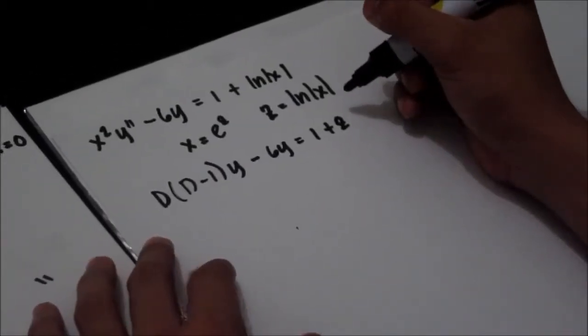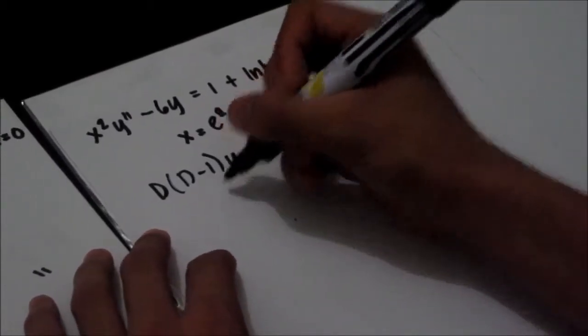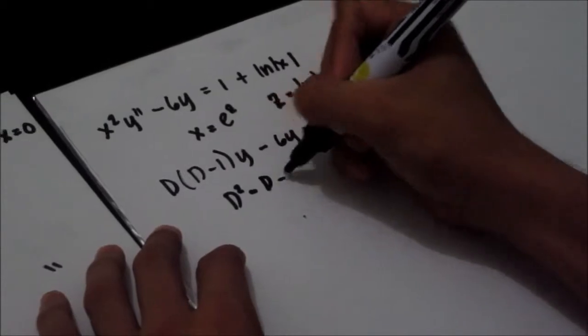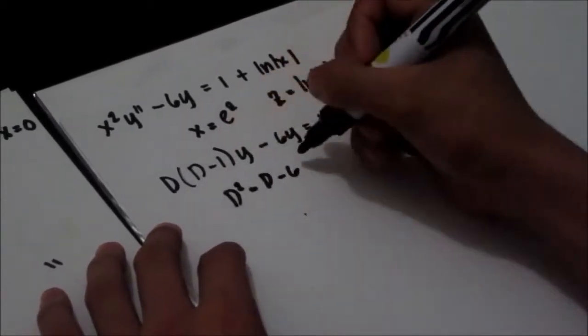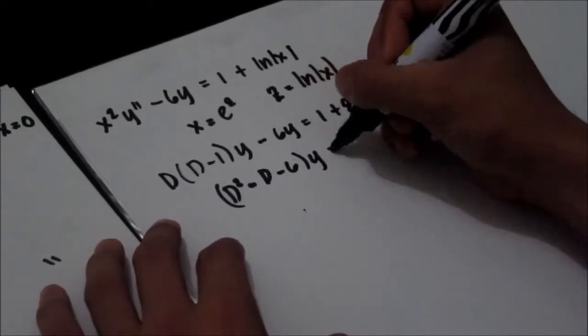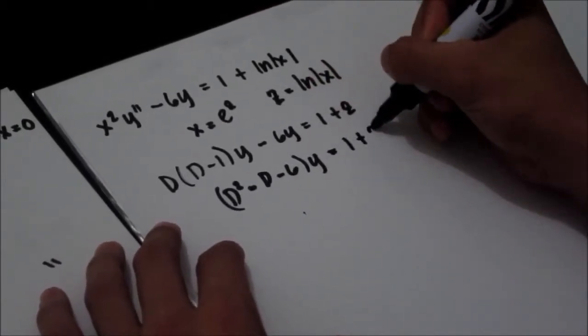By solving further the equation, we shall have D squared minus D minus 6 times y equals 1 plus z.